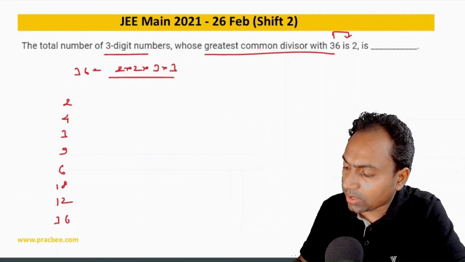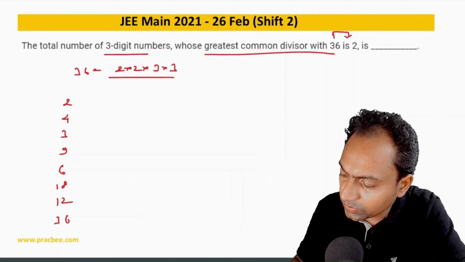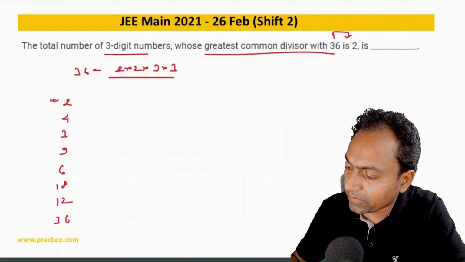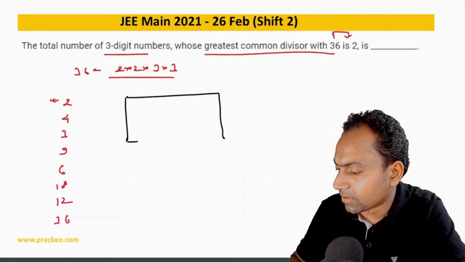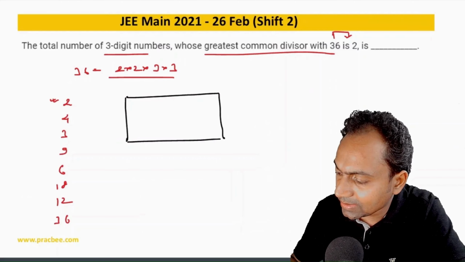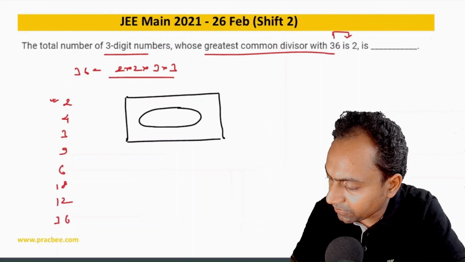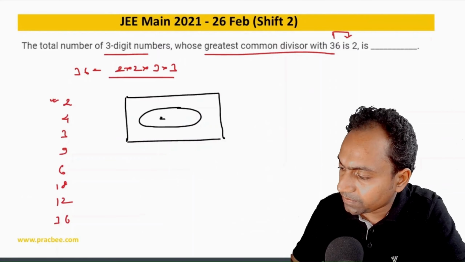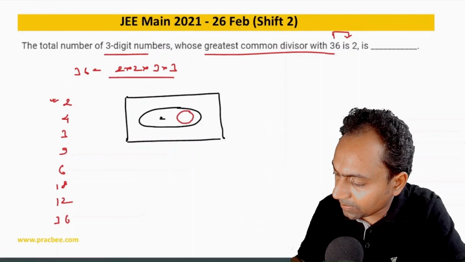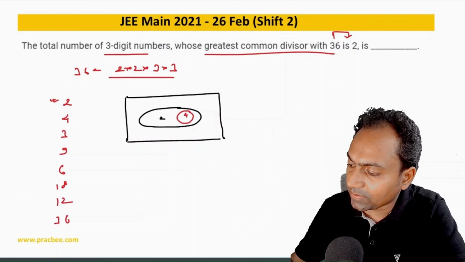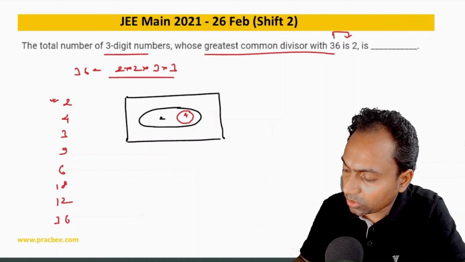So we need to account for only those factors which have only 2. What does that mean? If I draw it in the form of a Venn diagram, this is how it looks. Let us say that this is the set of elements which have 2 as a factor. This is the 4 part. And now, if you have covered this, by default all the multiples of 4 are covered.